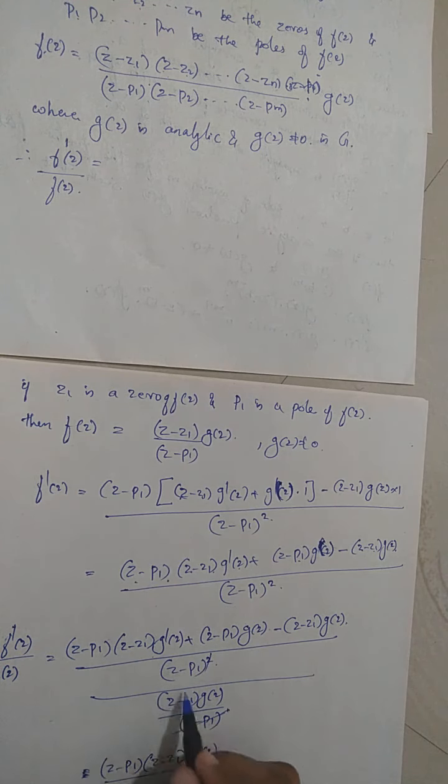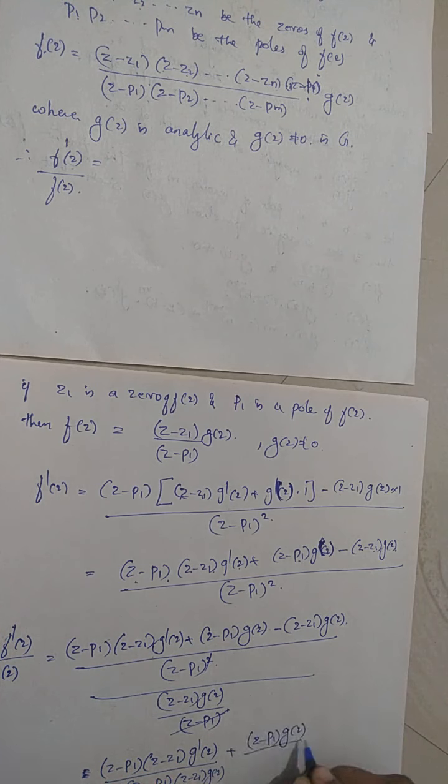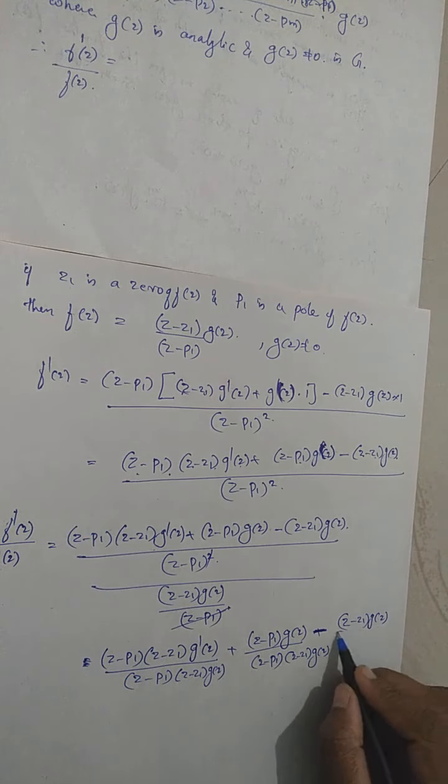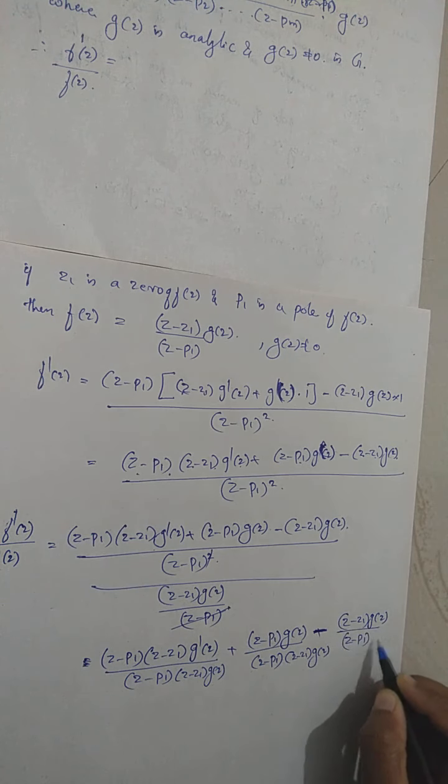The second term is z minus p1 g z divided by z minus p1 and z minus z1 g z. And the third term is minus z minus z1 g z divided by z minus p1 z minus z1 g z.